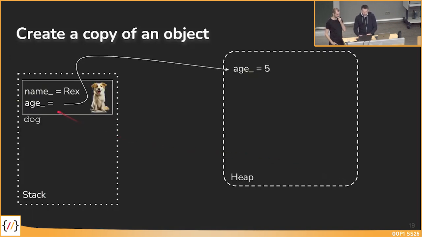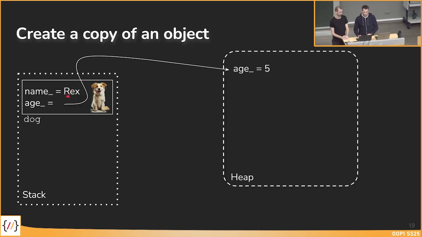So we have our first object here, which is on the stack, with the name, which is the string, and, as we remember, an integer pointer, pointing to memory that we've allocated on the heap with the value 5. If we then copy this object with our default copy constructor, all our members get copied.